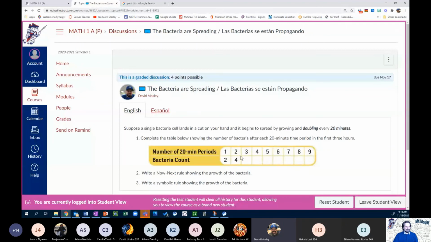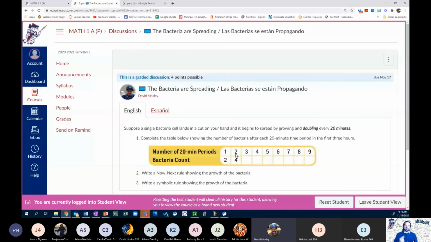If we look at the table here, each number represents how many 20-minute time periods have passed, which means the value of your exponent tells you how many 20-minute time periods there have been, because that's how often you're multiplying.